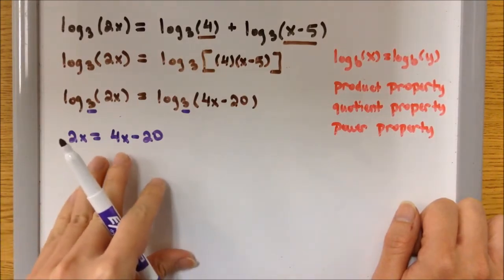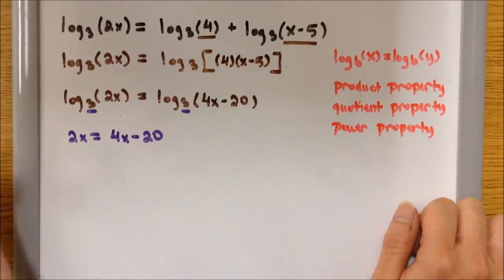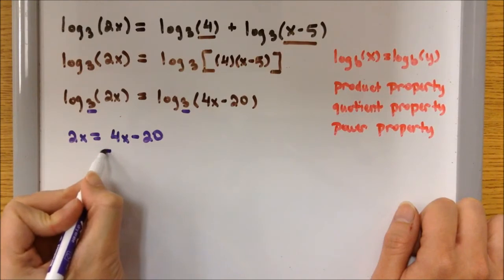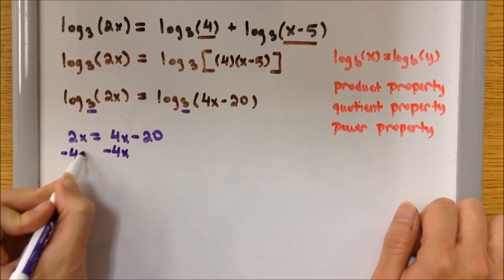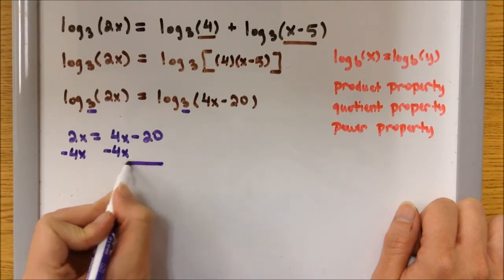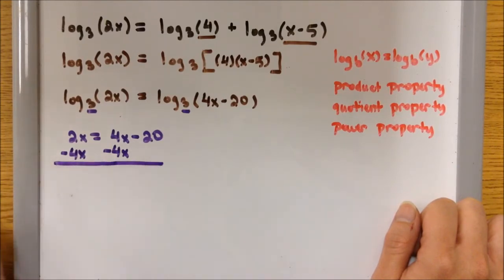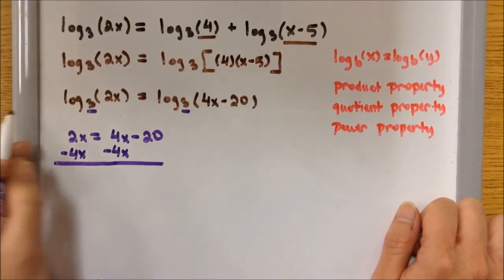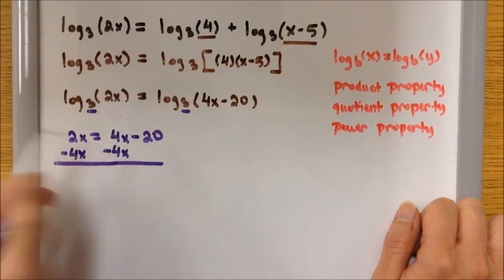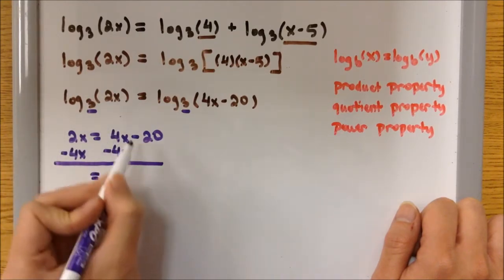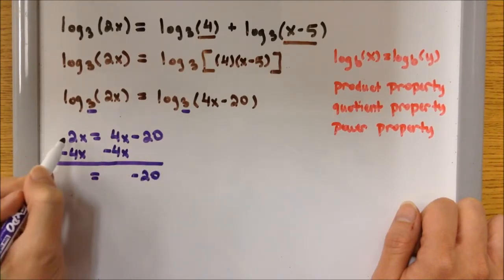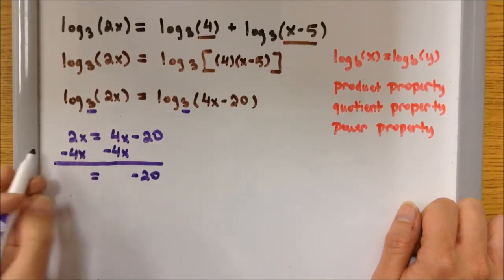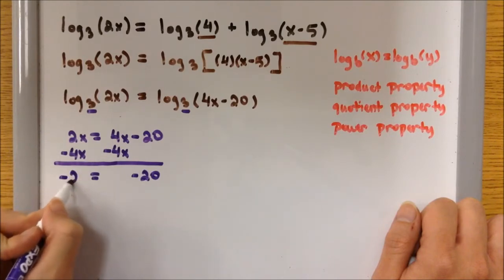So I want to have my x on the left side, so I want to get rid of 4x. So my 4x cancels out on the right side, so I'm left with negative 20. And then on my left side, 2x minus 4x is negative 2x.